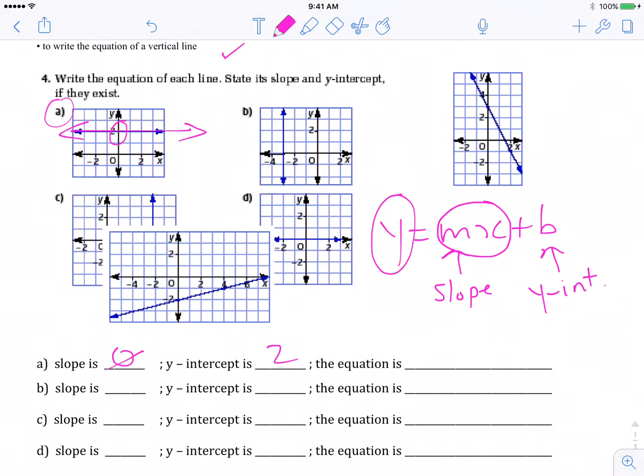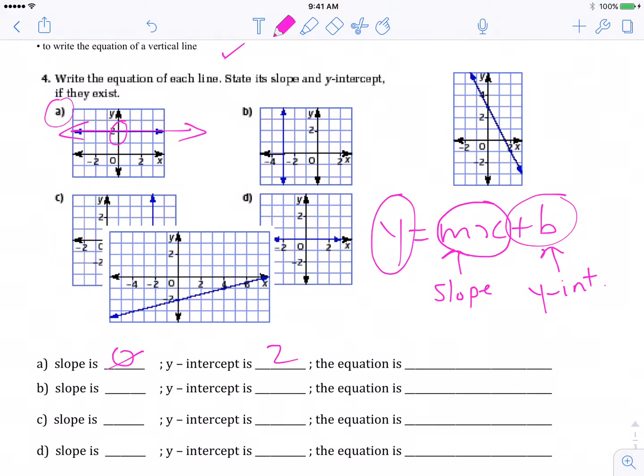So the y value is equal to a constant multiple of the independent variable, which is x, plus a constant. Now, if it's direct variation, we know that this part here won't exist. It'll just be y equal mx because there is no y-intercept. If it's direct variation, it passes through 0, 0.